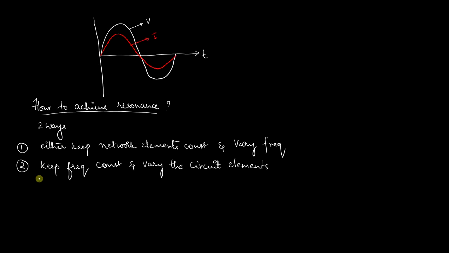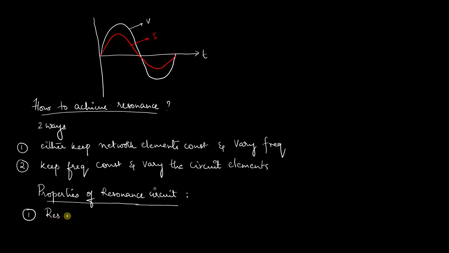As per the definition, let us look into the three properties that need to be satisfied by a resonance circuit. The first one is that the resultant reactance, which means if you are using the inductor, the reactance will be XL, and if you are using the capacitor, it will be XC, or the resultant susceptance. Susceptance is basically the inverse of reactance.